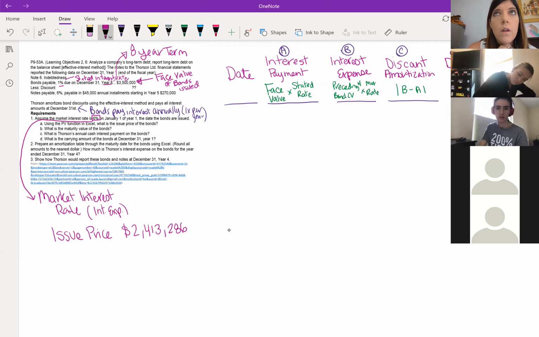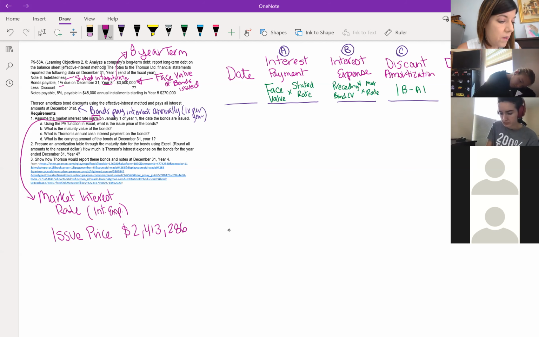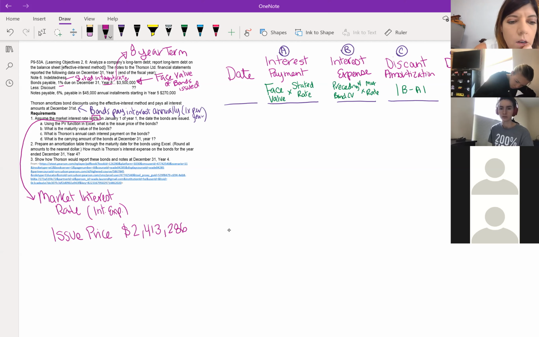It makes sense. When you're practicing, practice this problem. Practice the other problem I gave you, P9 59B, because both of those are annual interest payments, not semi-annual, and that's going to help you practice. I know the calculations.